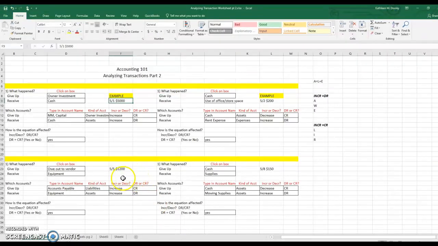Okay, so that was the third transaction. Now we have the fourth transaction. We're debiting mowing supplies, crediting cash on the 8th for $150.